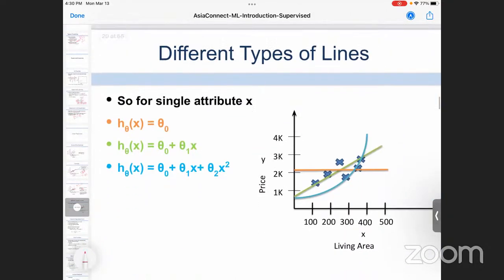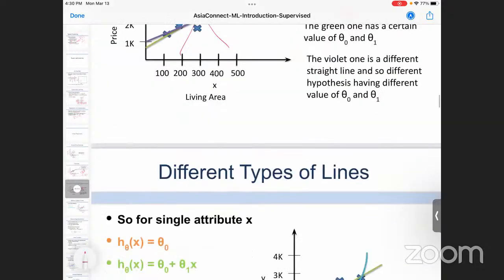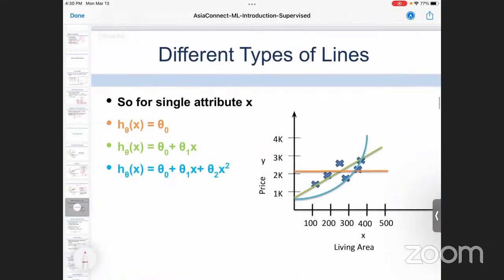So here you can see that I'm assuming the hypothesis is a straight line. That's why I can have this kind of line. There can be other hypothesis spaces too. For example, if you have just a single variable, X, living area, you can just assume that the hypothesis is this one.